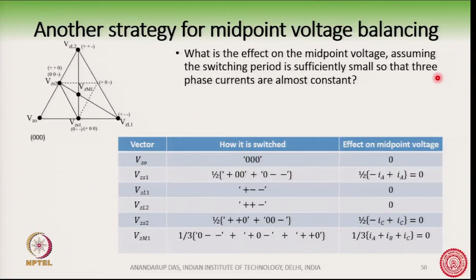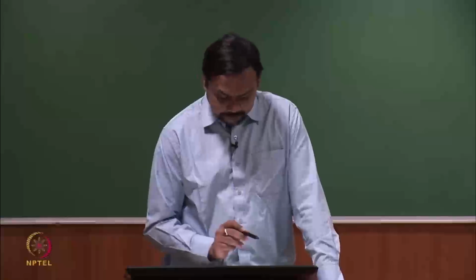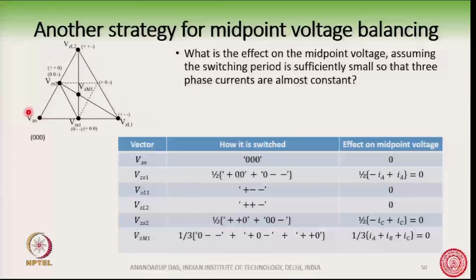If we apply the VZ0 vector, then of course 0 0 0, and IA plus IB plus IC assumed to be 0, then the effect on the midpoint voltage is 0.